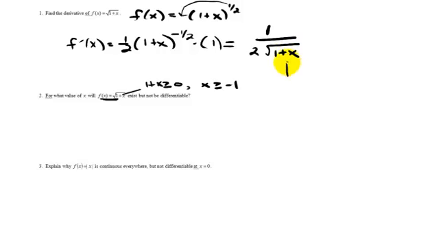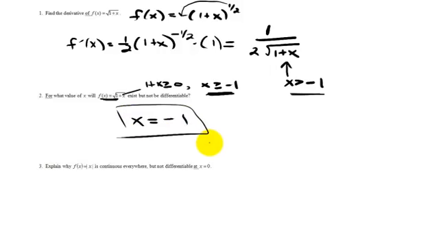So this has to be x greater than negative 1, because if it equals negative 1, then you're going to be dividing by 0, and that's bad. So notice the difference. The original function exists on this interval, but it's only differentiable on this interval. Therefore, for what value of x will it exist but not be differentiable? When x equals negative 1.